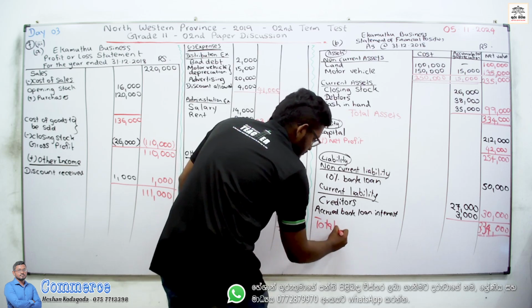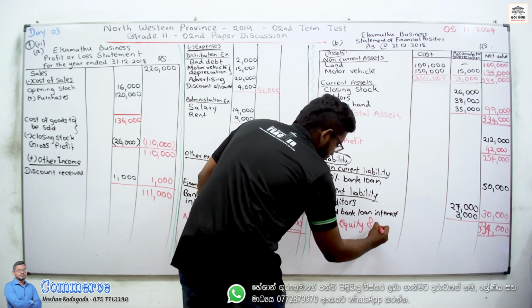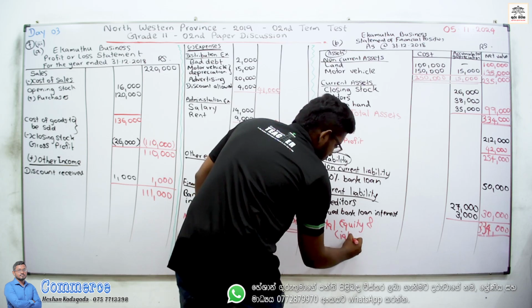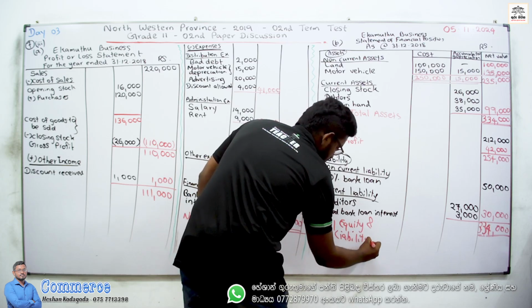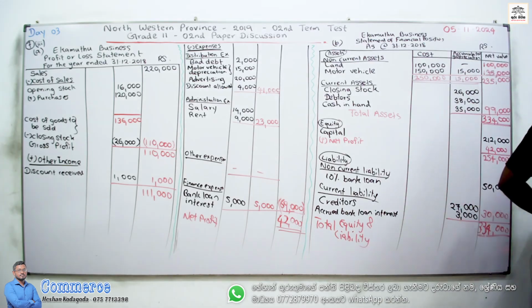Total equity and liability. So seems no one balanced it at home, right? It's really bad. Okay. Write it and raise your hands. Take your time, no hurry.